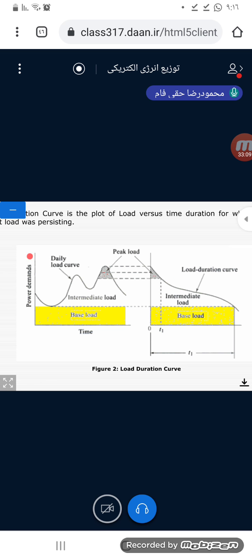I need free space for presenting an example for the load duration curve. Please wait a moment.